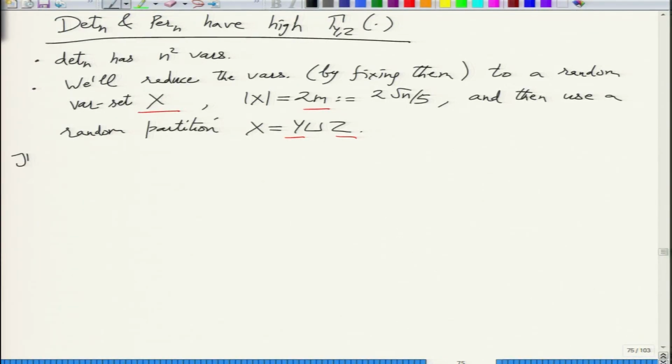So we will prove this theorem, which will be enough. This is due to Raz, same paper.